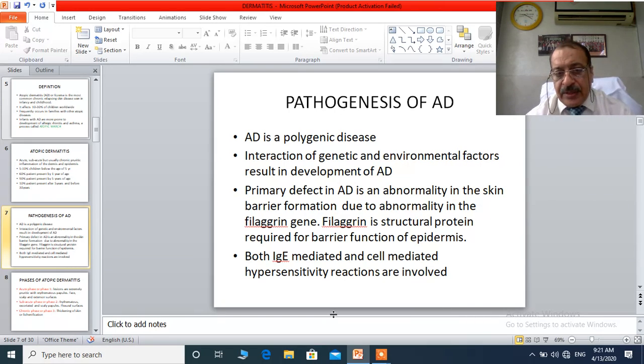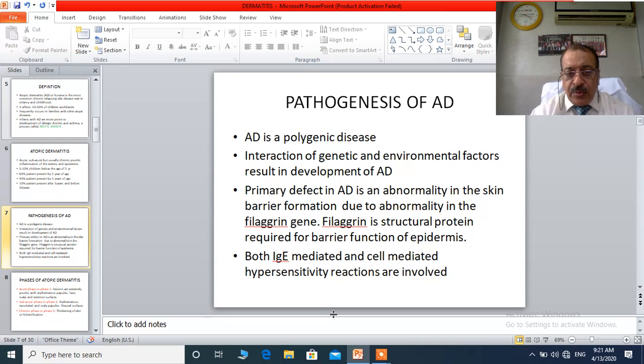The primary defect in atopic dermatitis is an abnormality in the skin barrier formation due to an abnormality in the filaggrin gene. This filaggrin is a structural protein required for the integrity of the epidermis and dermis.